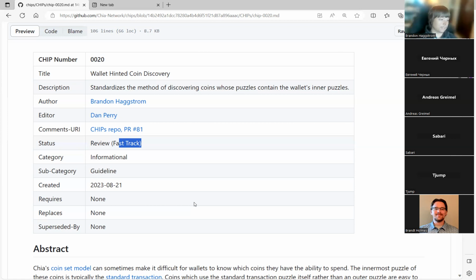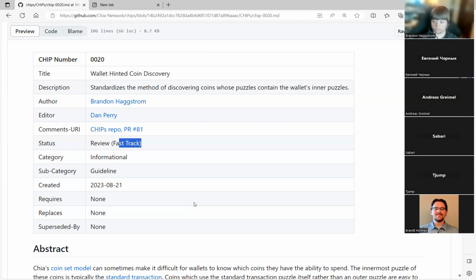Yeah, I think the RPCs are a bit out of scope because if someone were to make their own full node, they could implement it in a different way than we do. So this is more of a standard on how hinting itself works rather than how we implement it in our own wallet or full node. I think that's a good point that Grant makes, though, Brandon, that maybe you add a little note that this doesn't cover RPCs in the CHIP.